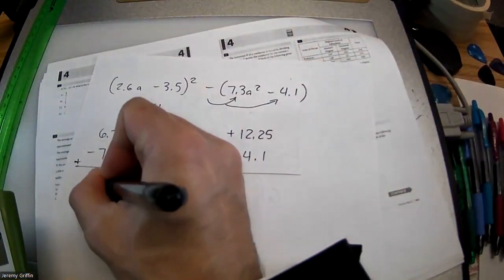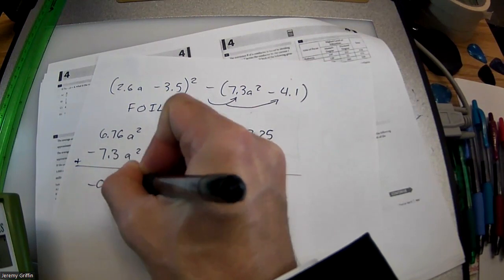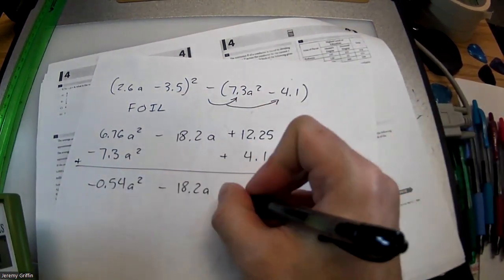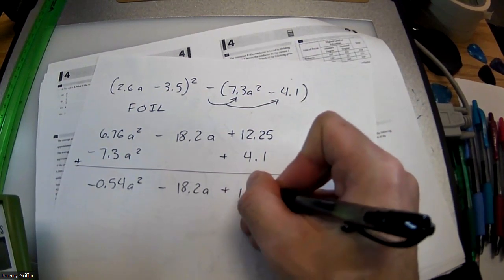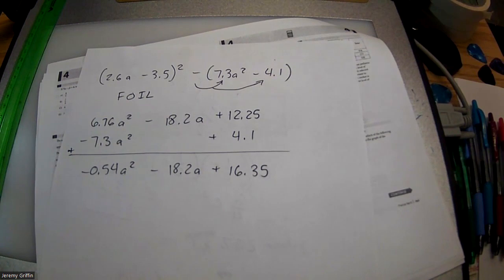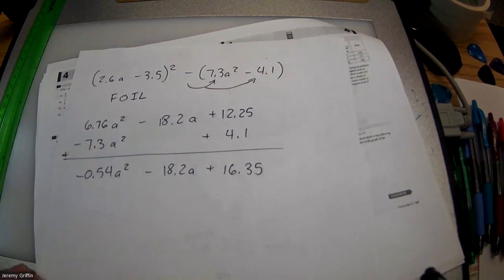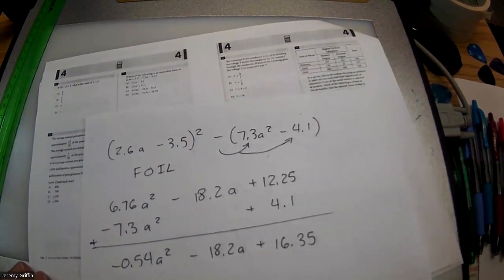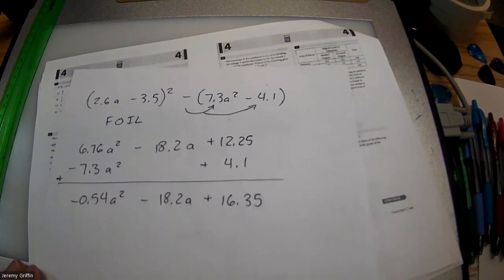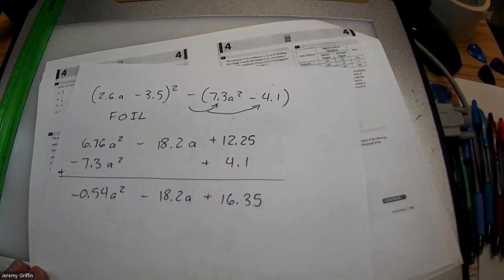That's negative 0.54, so that's the a squared term. Minus 18.2a is just there. And then this looks like plus 16.35, I want to say. That should be the answer. Let's see if there's an answer choice that says that. That looks like option D. Yeah, 7 is D. All right, guys can do that.